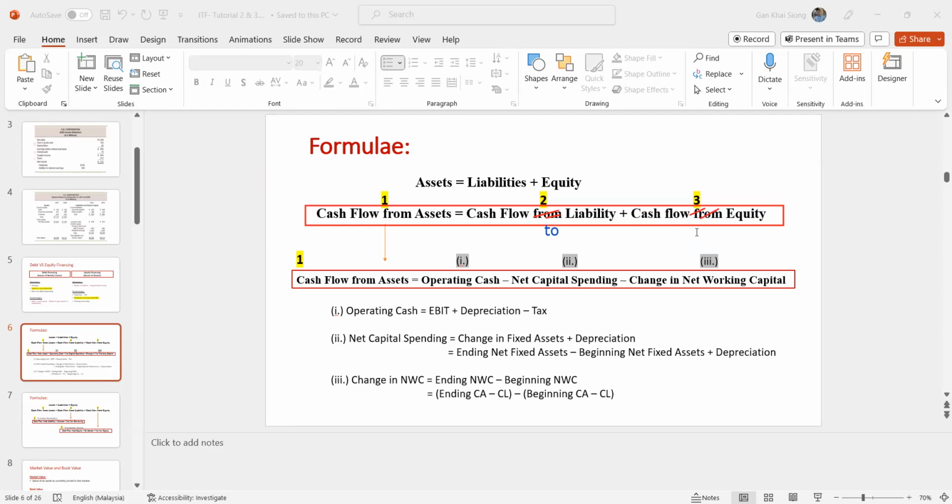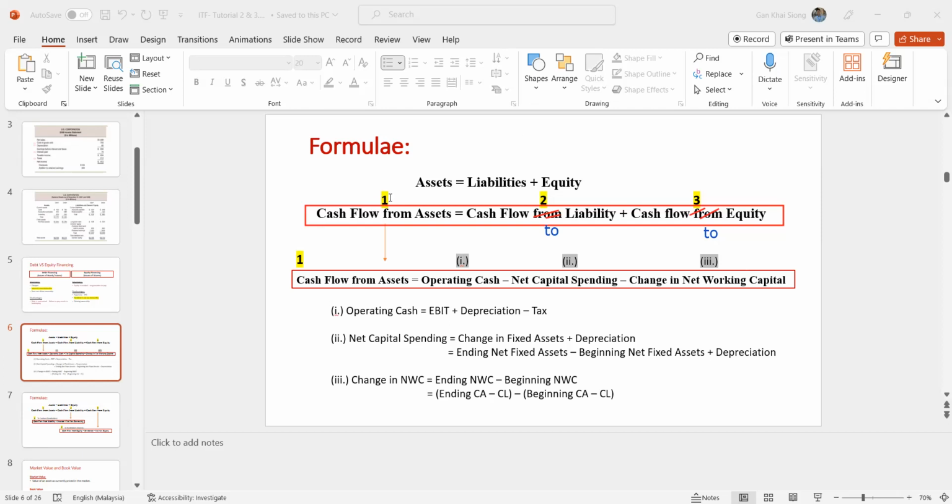That means the cash that I need to pay to who? The shareholders. Cash flow to equity means the cash that I need to pay for the shareholders. So when I do calculation, I will tell myself I'm calculating the cash that I need to pay for the shareholders or stockholders. Easier to understand.